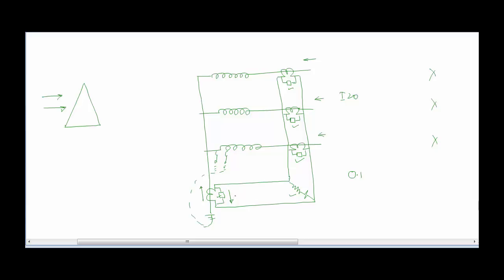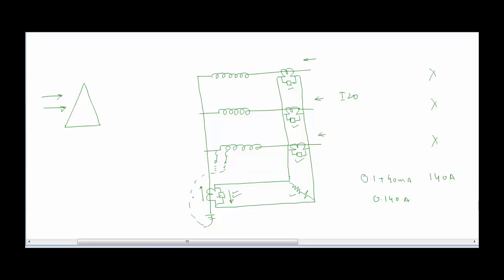So for satisfactory operation of the REF relay, the magnitude of this current should be equal to the operating current for the relay coil, that is 0.1, plus the total magnetizing current, which is 40 milliamperes in this case. So a total of 0.140 amperes or 140 milliamperes should be the magnitude of this current.